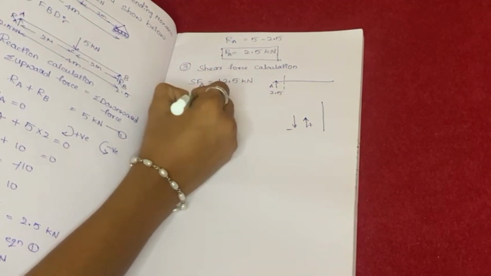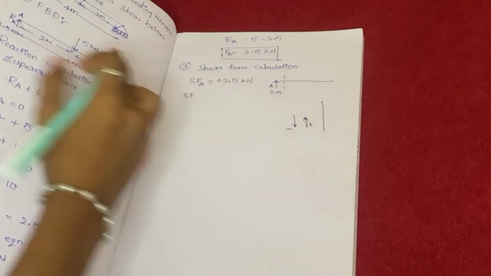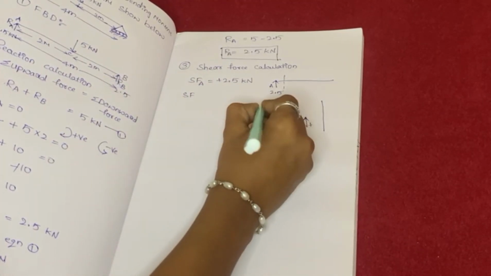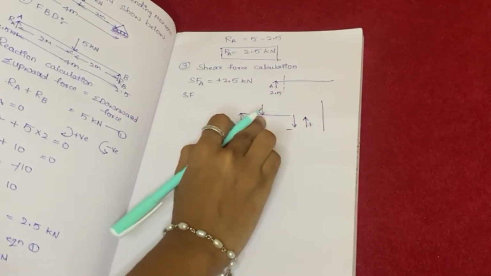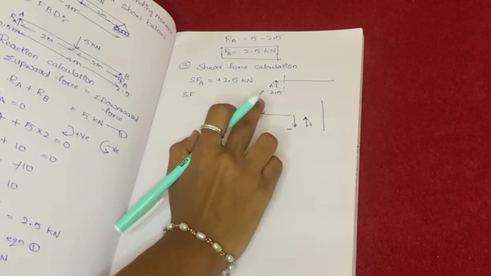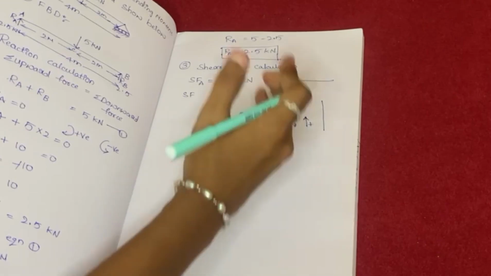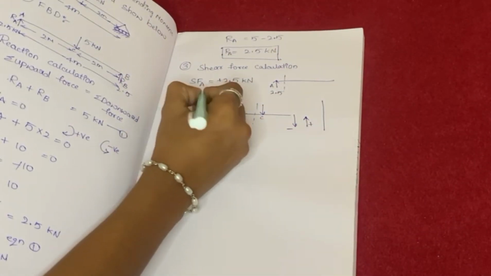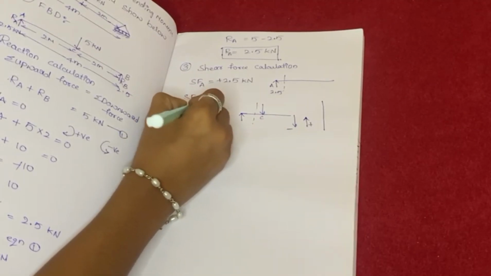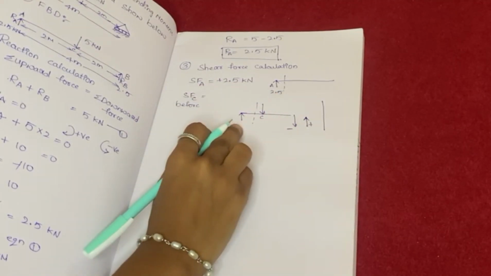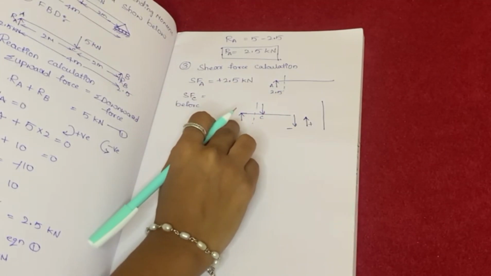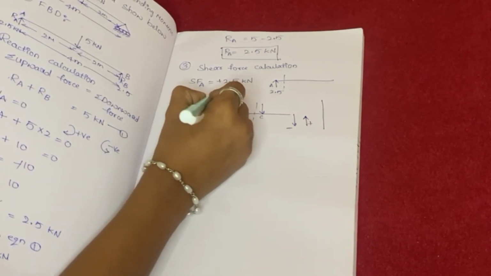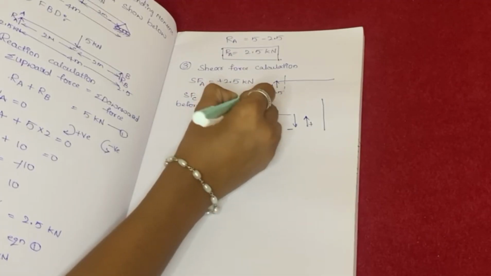Next, shear force about C. C is a point load. So for this point load, I am calculating the section before C and after C. Before C, the force is RA. RA is upward force, positive 2.5 kilonewton.